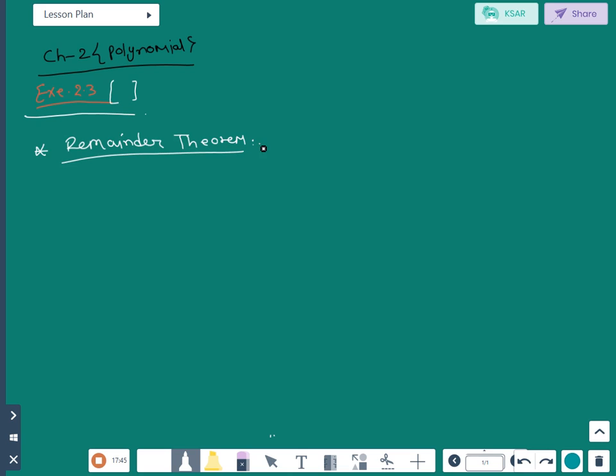Okay, what is the remainder theorem, students? Let p of x be any polynomial of degree greater than or equal to 1, and let a be any real number, कोई भी real number हो सकता है.